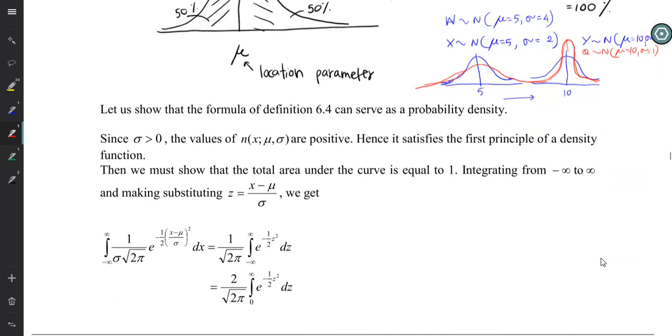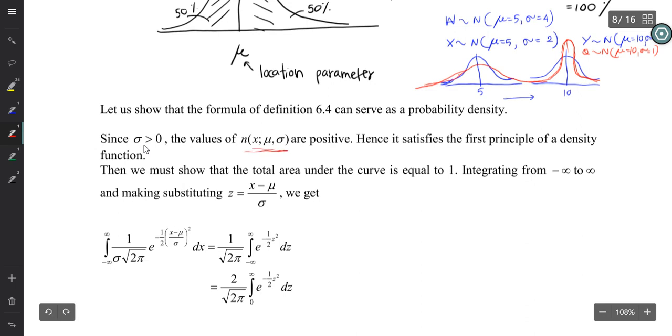Now there is some theoretical content here. The variance is always positive, and the standard deviation is always positive. Therefore, the values that you get for the normal density are always positive. So if you want to show that this is a proper probability density function, the first condition is satisfied. The next is that the area under the curve should be equal to 1. You can check that by using this substitution.